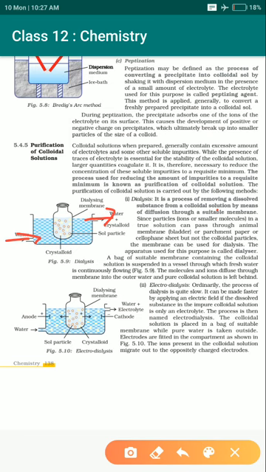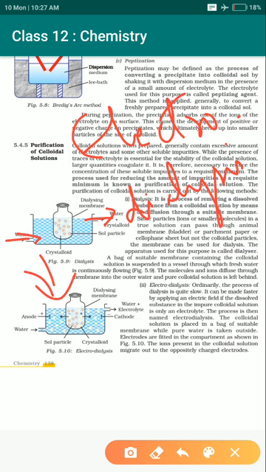But this process is very slow. So in order to increase the speed of this process, if you pass electricity through this dialysis process, then the process can be sped up a good amount. That process where electricity is used in dialysis is known as electrodialysis. You just put electrodes on both sides.